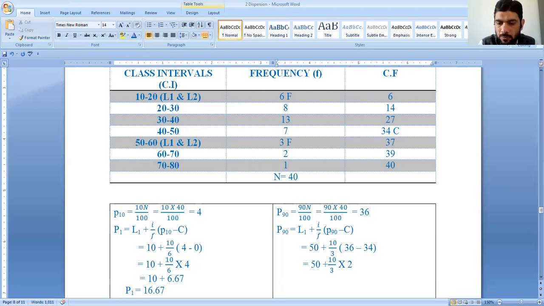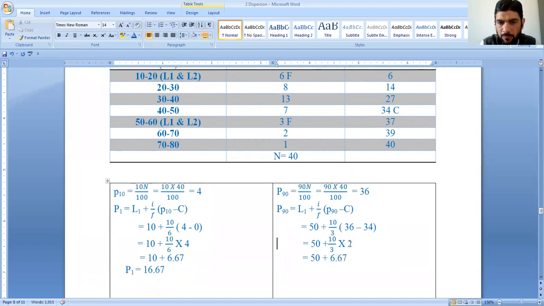It will be 20 upon 3, or 20 divided by 3. 20 divided by 3 is equal to 6.67, and P90 here will be 56.67. Now we have both values over here, P10 and P90.